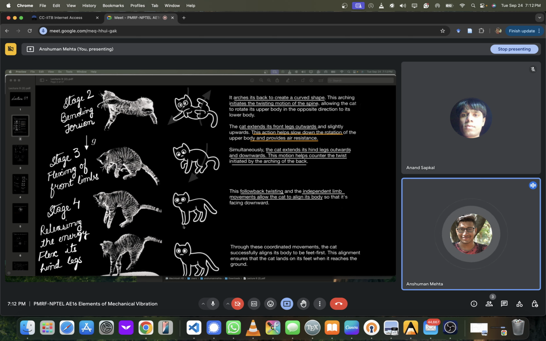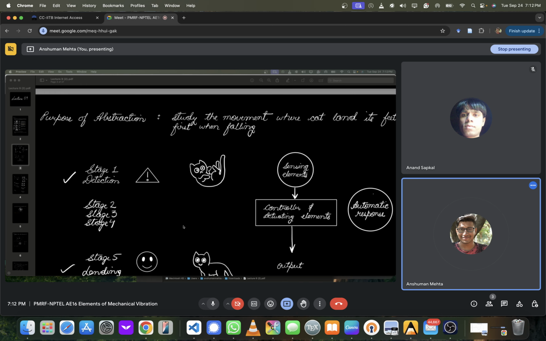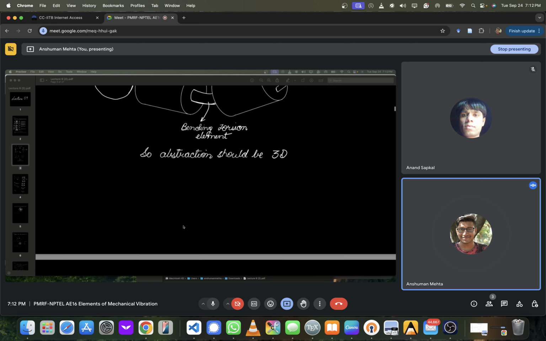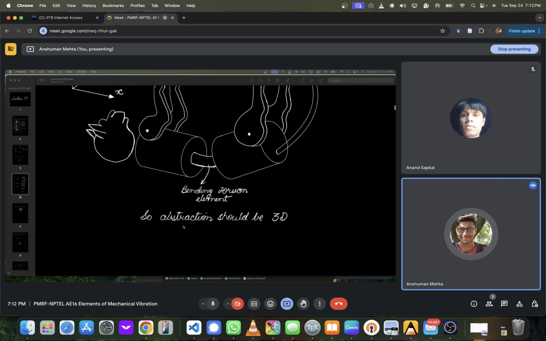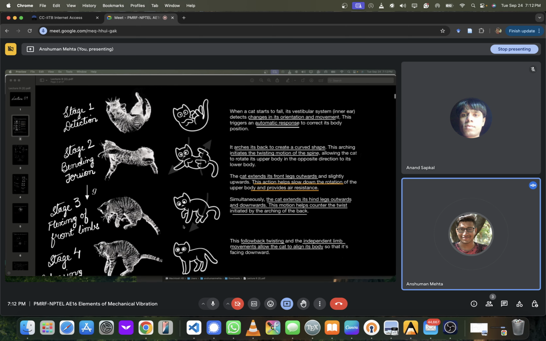So the purpose of abstraction here is the study of movement, when the cat lands its feet first while falling. A short model can be made as a control algorithm, where sensing equipment senses the orientation, and if that orientation is very much disturbed, then decides how to control it.